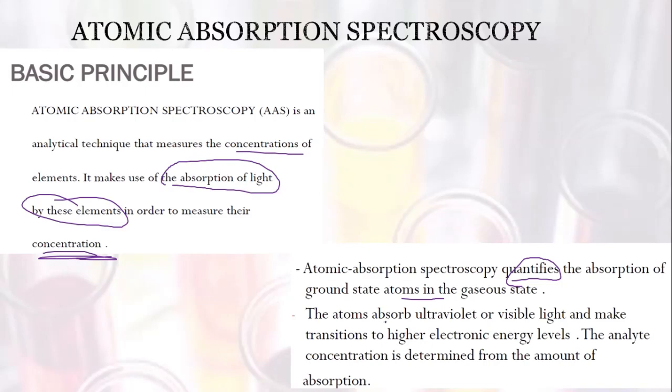The atoms absorb UV or visible light, and once they have absorbed, they make a transition to higher electronic energy levels. Then the analyte concentration is determined from the amount of absorption, because all of them will absorb differently. How an element absorbs UV or visible light will be different. So depending on the amount of absorption, we give the concentration of that analyte.